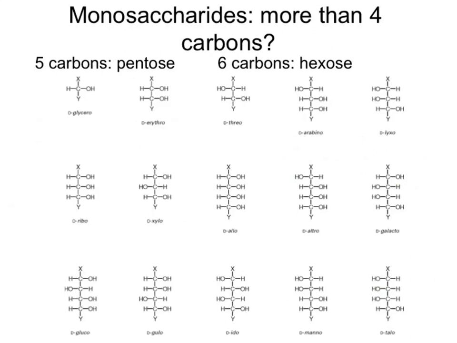When we moved to the erythro, there were two conformations: there's the D and the L. They still have the same orientation of that second OH, which means they maintain the erythro name. Threo, same deal. You're going to have a D and an L. The only thing that will be different would be the orientation of that OH on the second to last carbon.